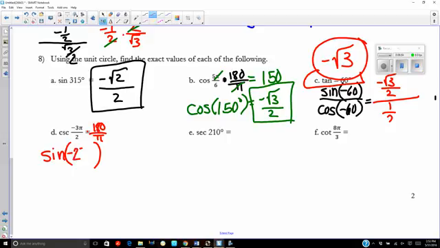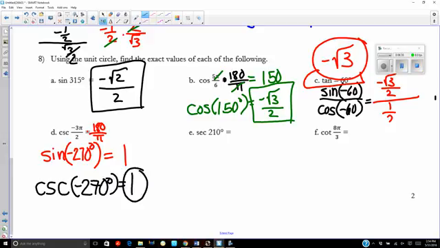And we want to find the sine of negative 270. So type in the sine of negative 270 in your calculator. Now, this one's easy. The sine of negative 270 is positive 1, which means the cosecant of that same angle is just the reciprocal of 1. Well, the reciprocal of 1 is itself. So 1's your answer.